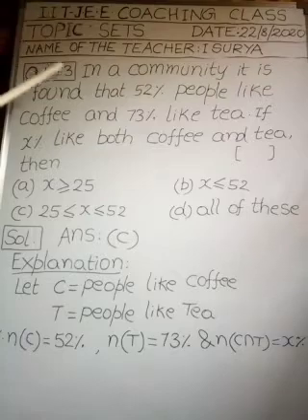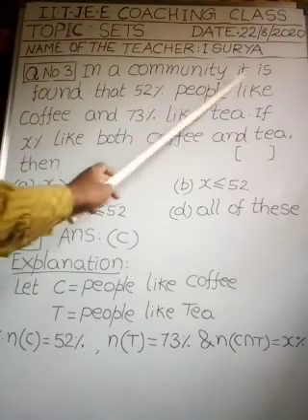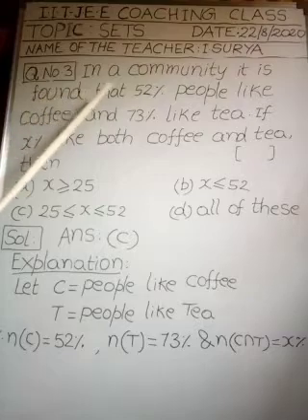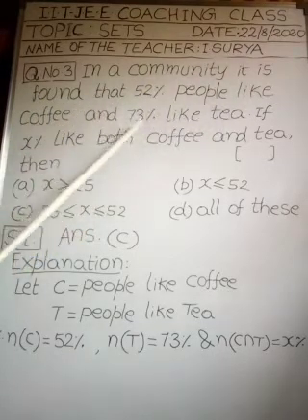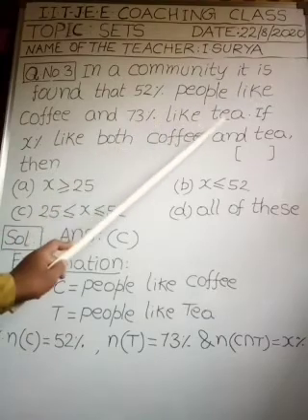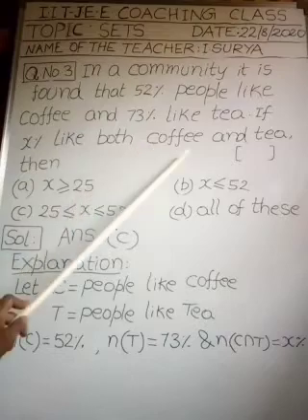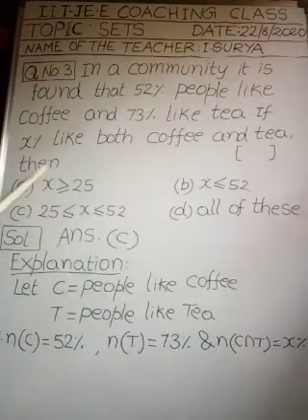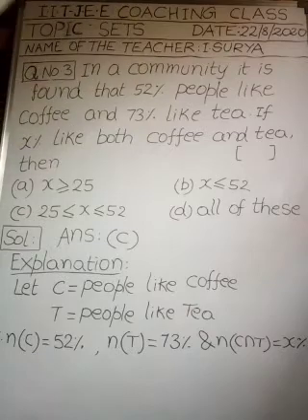Now come to question number 3. In a community, it is found that 52% people like coffee and 73% like tea. If X percent like both coffee and tea, then, okay, my children, understood the question? See here, options.